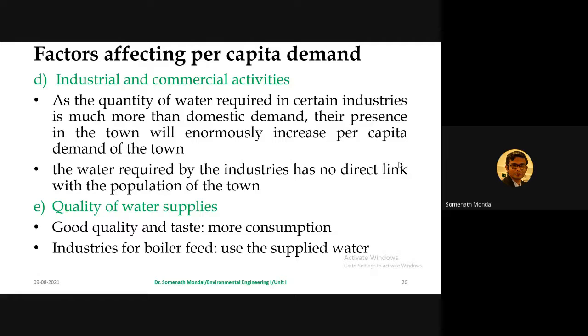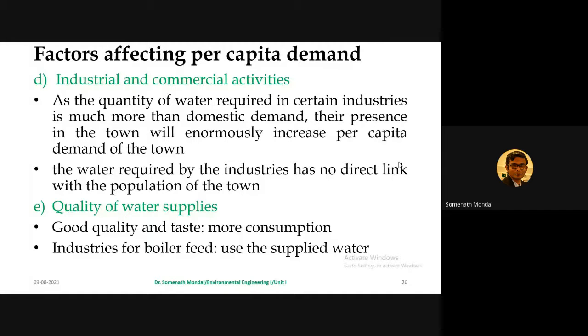Next comes industrial and commercial activities. The presence of industrial and commercial activities at a particular place increases the water consumption by large amounts. Many industries really need huge amounts of water, and that can be much more than the domestic demand which we discussed before, and that overall increases the water demand.